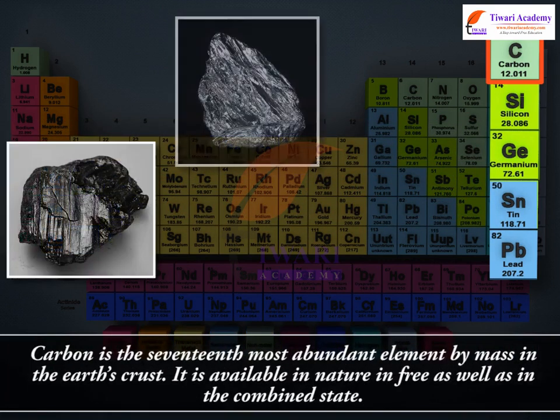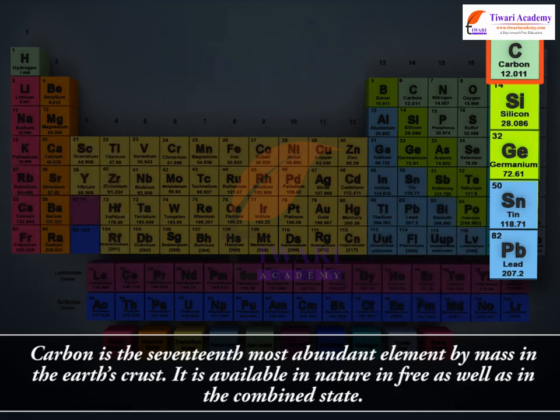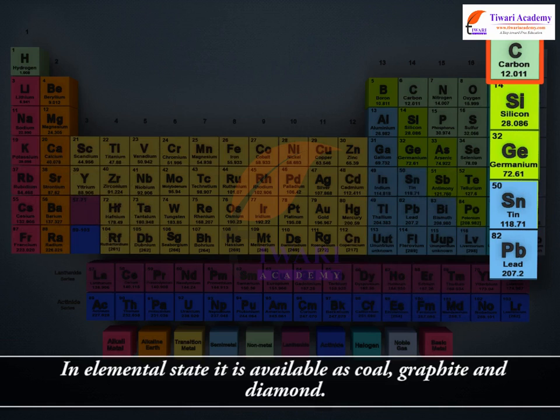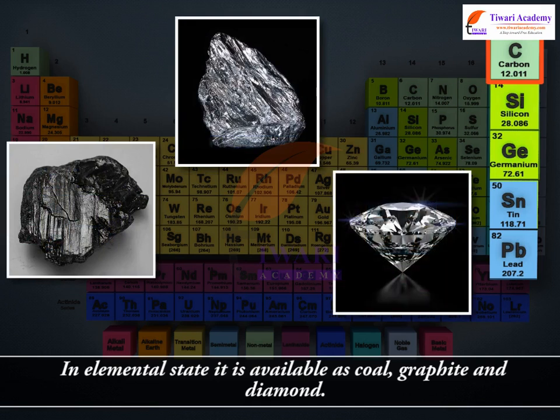Carbon is the 17th most abundant element by mass in the Earth's crust. It is available in nature in free as well as in the combined state. In elemental state, it is available as coal, graphite, and diamond.